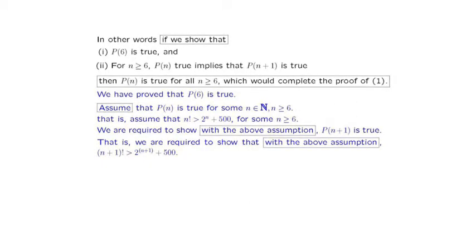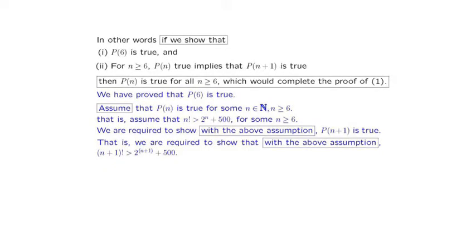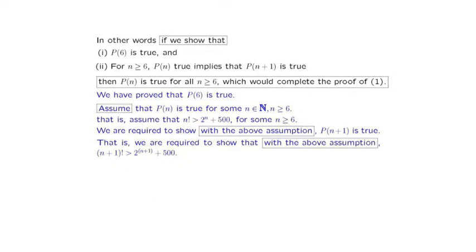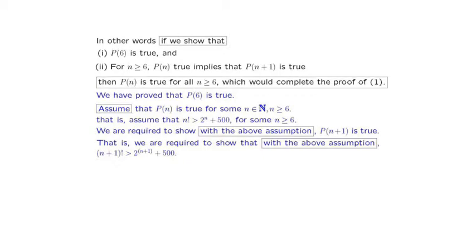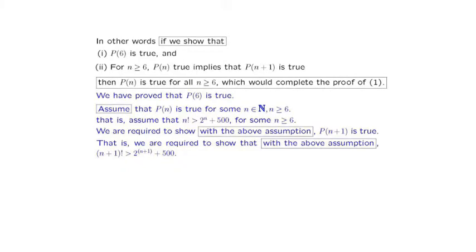Now let us assume that Pn is true for some n in the natural numbers, n greater than or equal to 6. That is, assume that n factorial is greater than 2 to the n plus 500 for some natural number n greater than or equal to 6.